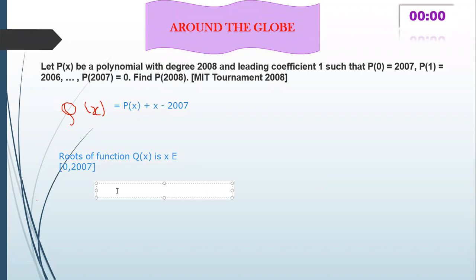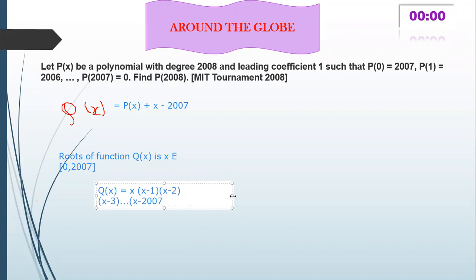Now, if q of x has 2007 roots, then you have to find the value of p of 2008. But how can you do that? See, q of x can be written as x times x minus 1 times x minus 2 times x minus 3, and so on up to x minus 2007.